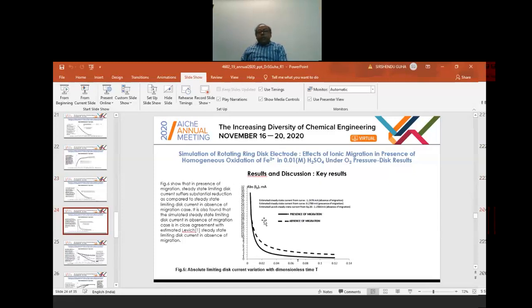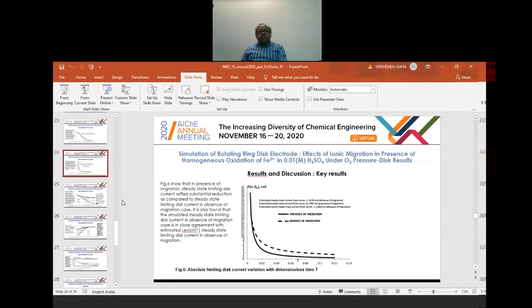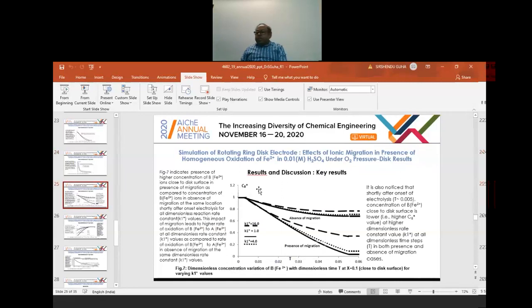The current obtained at the disk in presence of migration is lesser compared to the current in absence of migration, and the current calculated in the absence of migration case matches very well with the current which can be obtained using the Levich equation. Now for B, the material which is generated at the disk, that is ferrous, the concentration profile with dimensionless time is like this.